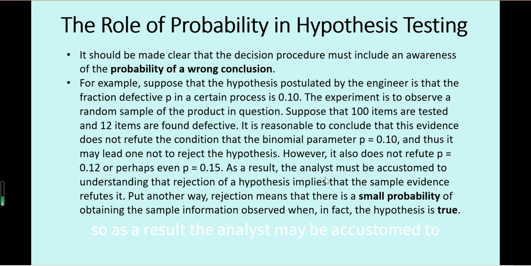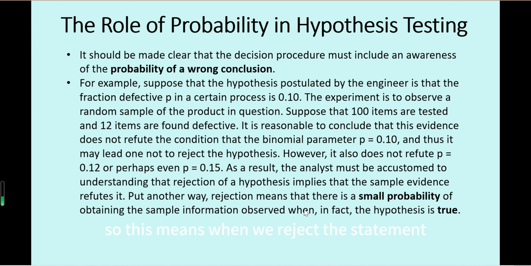So as a result, the analyst may be accustomed to understanding that rejection of a hypothesis implies that the sample evidence refutes it. Put another way, rejection means that there is a small probability of obtaining the information observed when, in fact, the hypothesis is true.